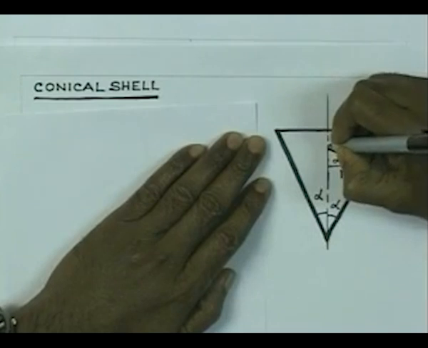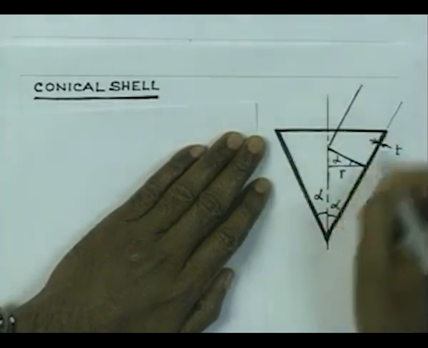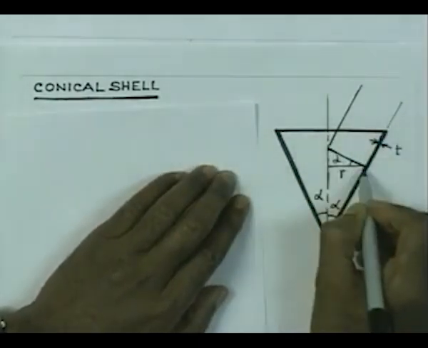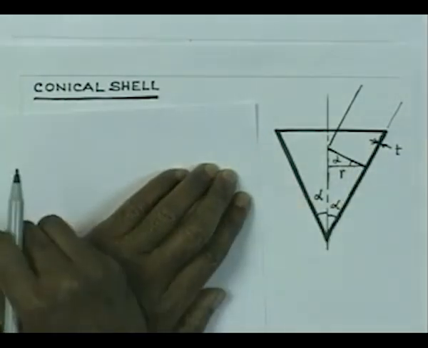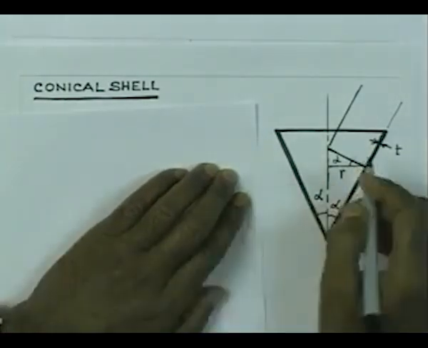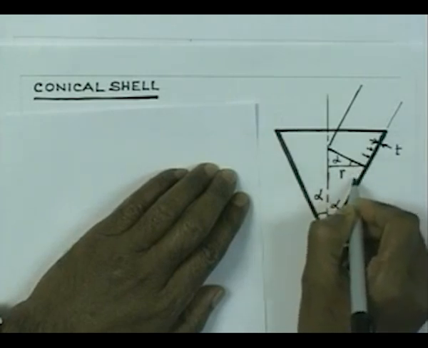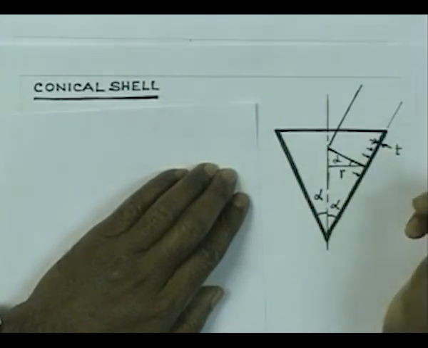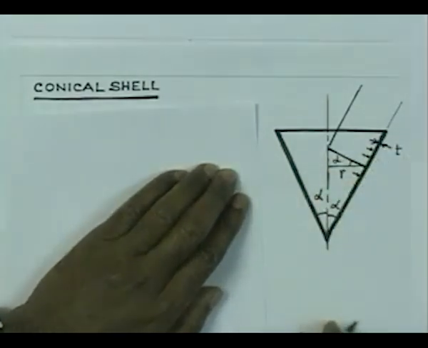Then if you just concentrate on this portion, it will appear to be a cylindrical vessel of radius this, that is nothing but r by cos alpha. So, the pressure which is acting on the wall is the internal pressure. So, you have as if a cylindrical vessel of radius equal to r by cos alpha.